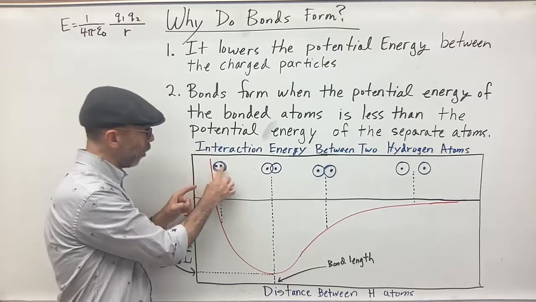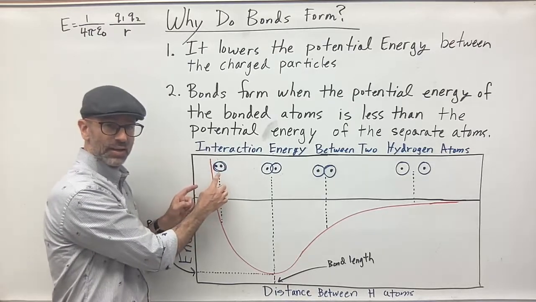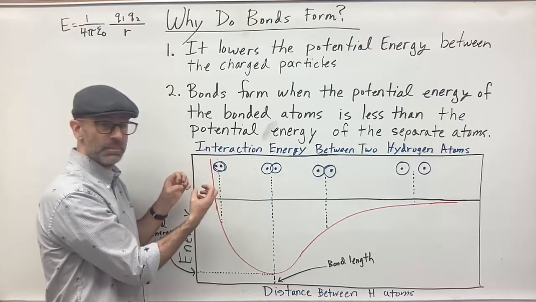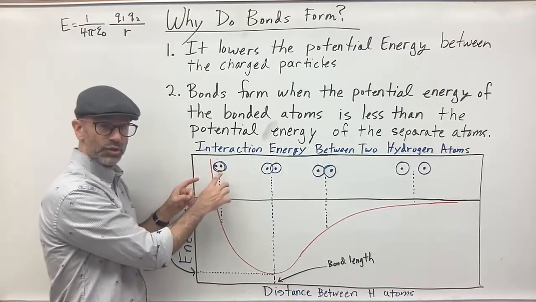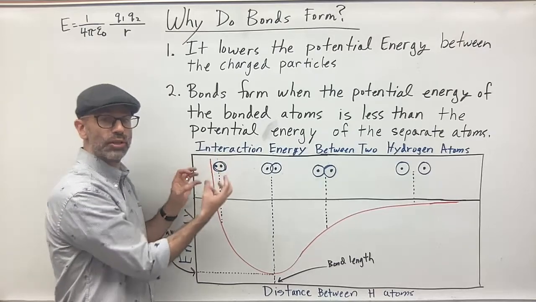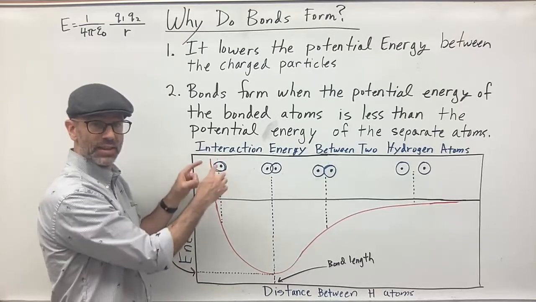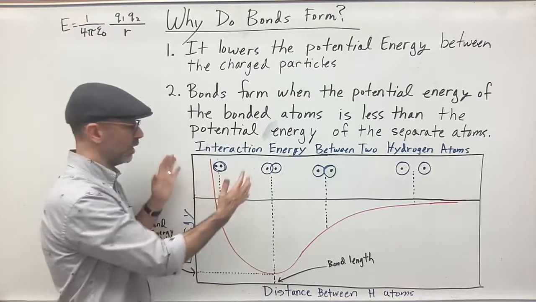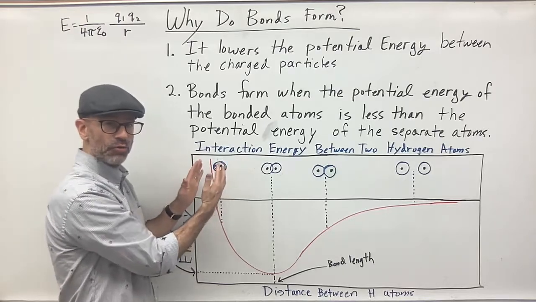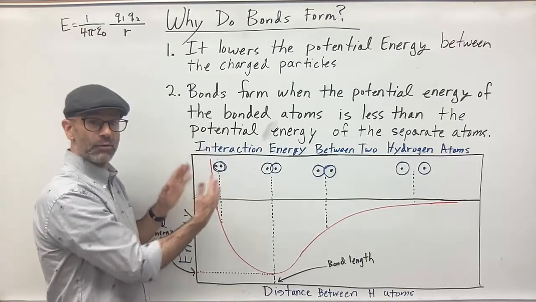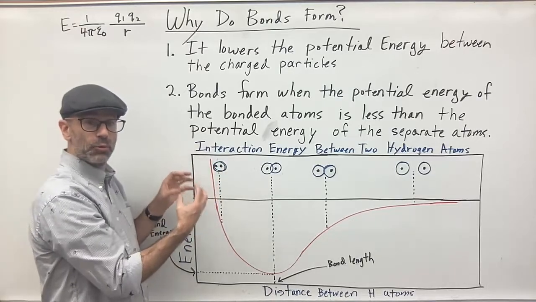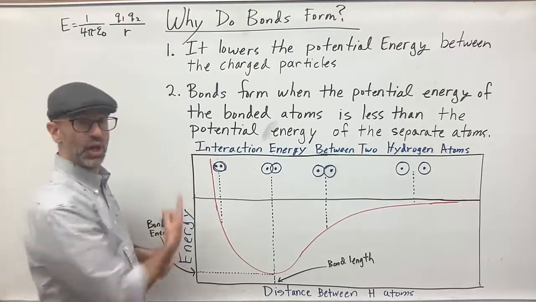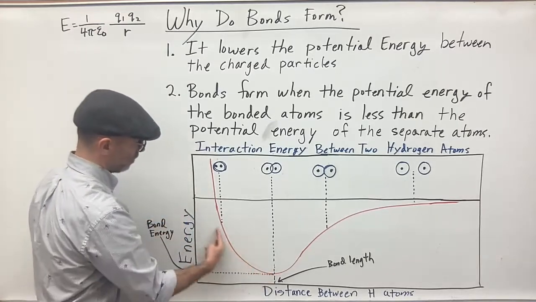You also have this overlap of the electron density of both atoms, so the electrons are repelling each other, although there is still attraction between the positive nuclei and the electrons that wants to keep the atoms together. But bringing them too close is going to cause that repulsion force to be really high, and that's going to cause the potential energy to go up, and you see that going up like this.